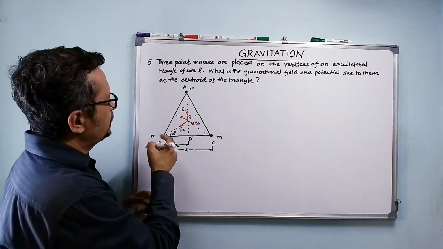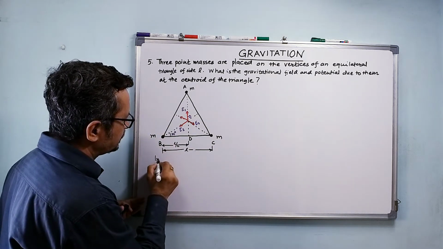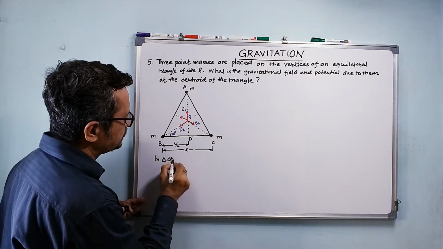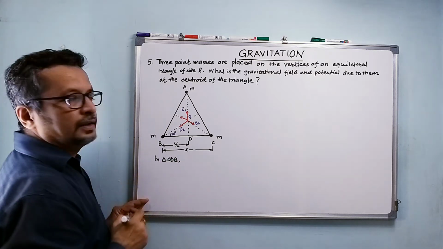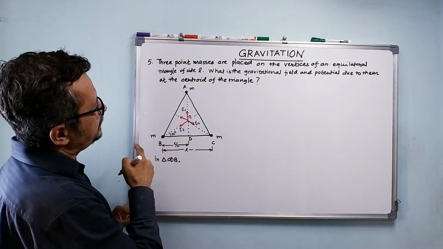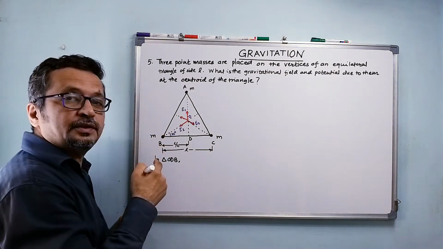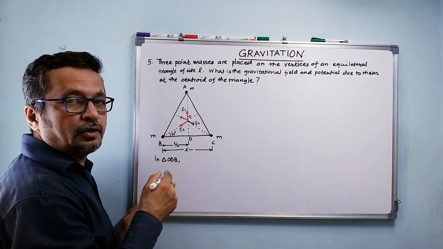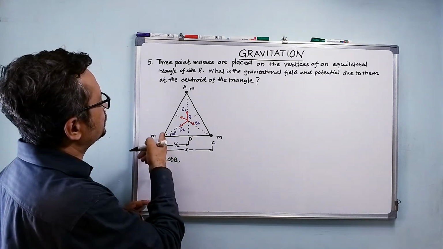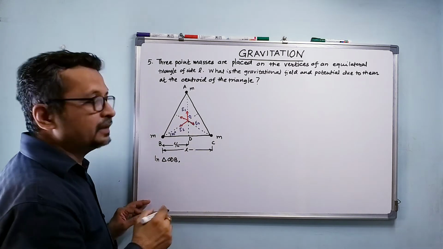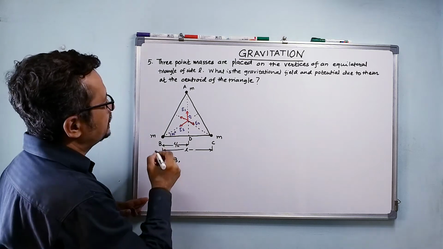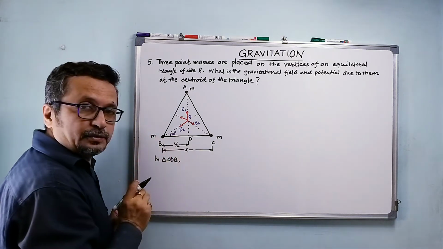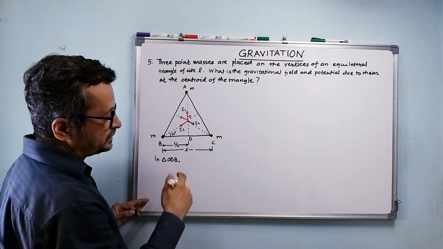In ODB, this angle is 30 degrees, because an equilateral triangle has all three angles 60 degrees, and this median is going to bisect that angle. So I have this 30 degrees and this side is L by 2, since AD is the median.